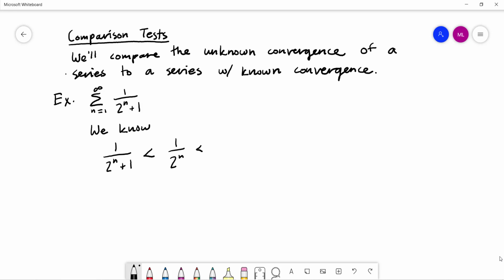And 1 over 2 to the n is a geometric series, which we've looked at in previous sections. So because our terms in our series are less than these terms in the geometric series, if I can show that the geometric series converges, then that will also mean that this series must also converge because it's always less than this one.